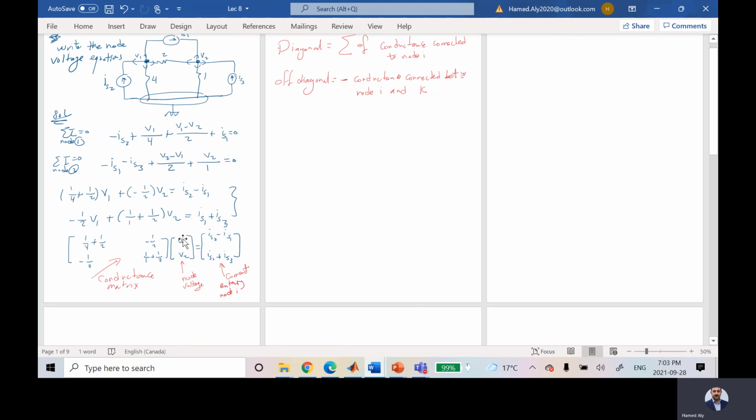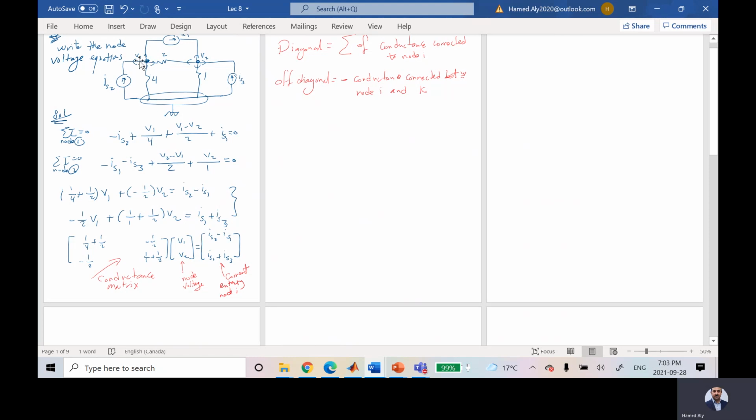And what about those? He said those are the node voltages. You are talking about node 1 and node 2, so I'm going to write V1 and V2. What about this? He said this vector is representing the currents entering node I. Imagine we are talking about node 1, which is related to the first row. He said summation of currents entering this node. Which ones are entering this node?